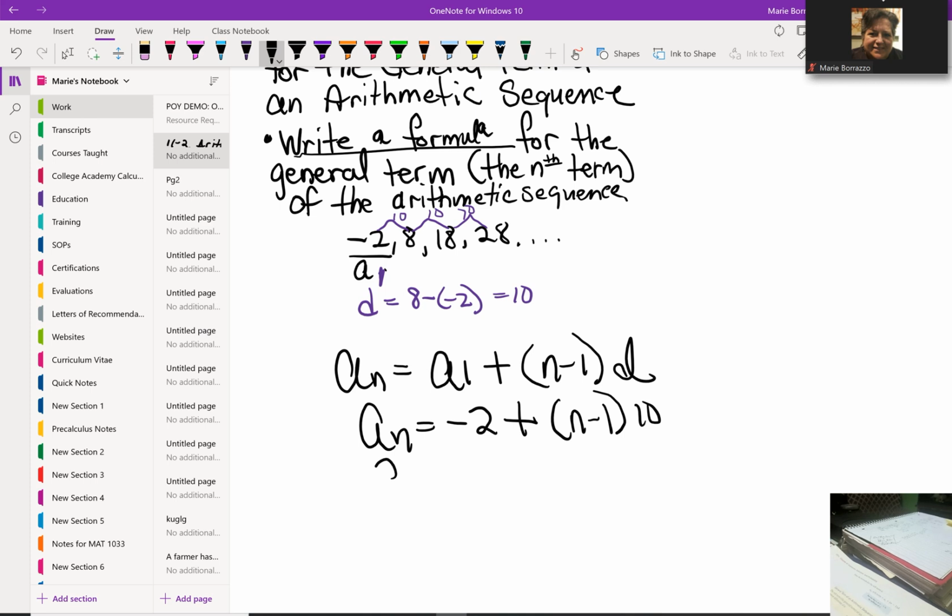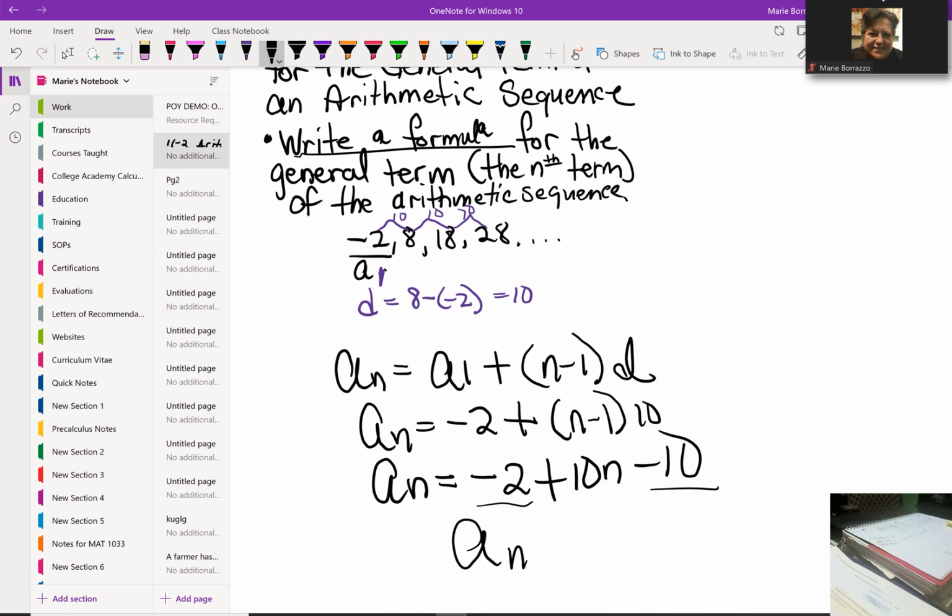So a sub n is going to be equal to negative 2 plus 10n minus 10. Collect like terms. My final answer will be a sub n is equal to 10n minus 12. Remember, we always write the variable first, because this is technically, power-wise, an n to the 1, and this is technically n to the 0. We always write these in numerical order, so that has to go first.